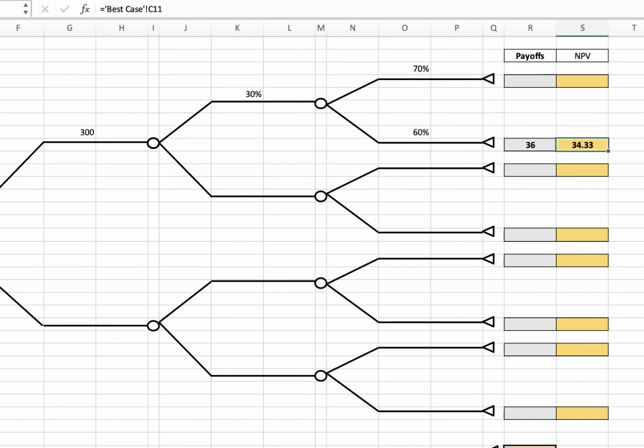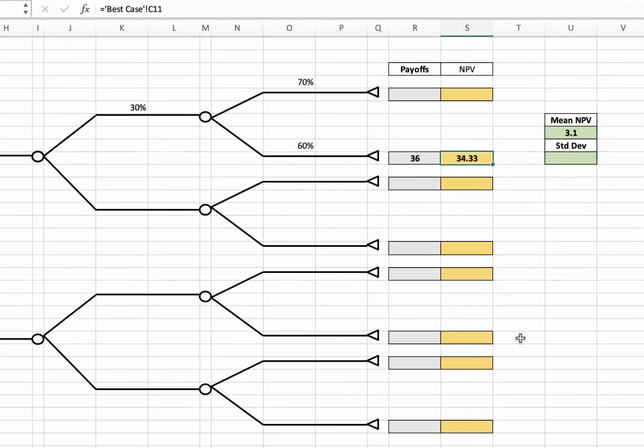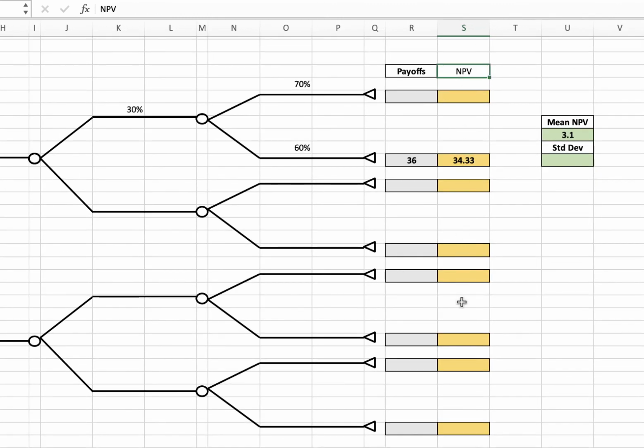So on our decision tree, I've added a cell right next to those cash flows, payoffs, for the net present values. And once you have all 8 NPVs calculated, you should be getting a mean NPV of about 3.1. And so you can check your work that way.